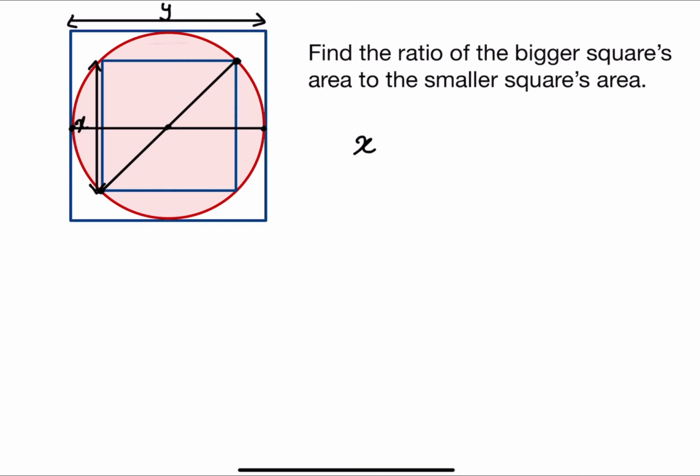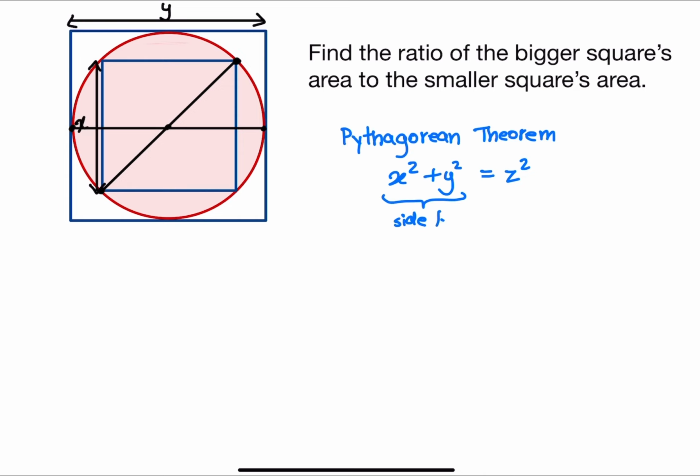Knowing that, we can tell a couple of things using the Pythagorean theorem, which states that x squared plus y squared equals z squared, where x and y are both side lengths and z is the hypotenuse.